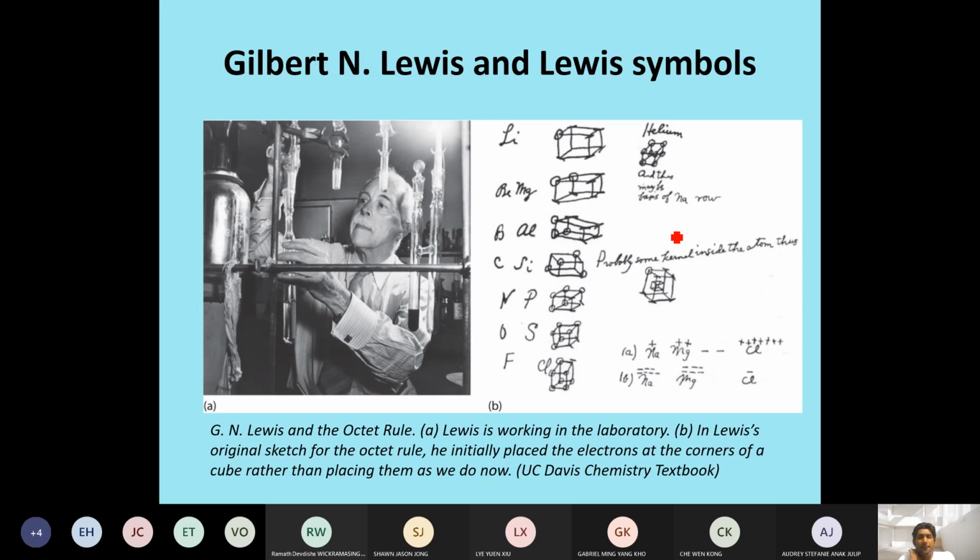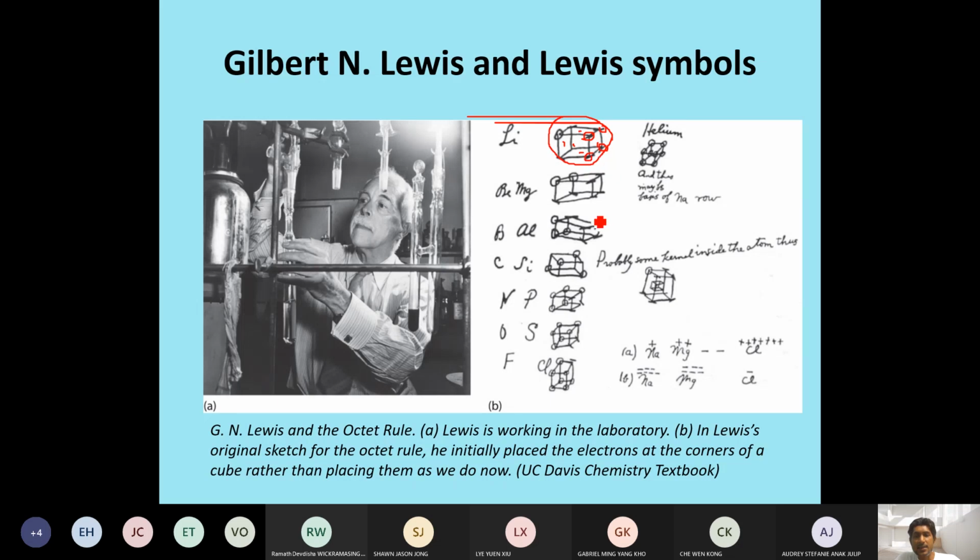Every single atom, he started to prepare as a box, a box which has 6 planes and 8 corners. All of them have 8 corners. He started to think in that way.